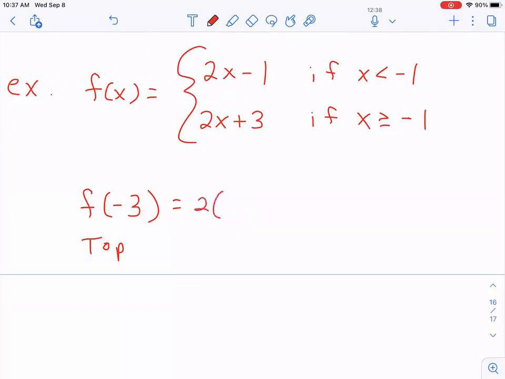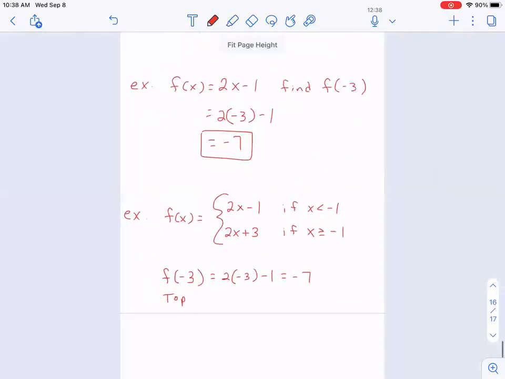So I'm doing 2 times negative 3 minus 1, which comes out to be negative 7. That is, in fact, the exact same problem we just did. All right, so the point is, guys, if you can do this problem on top, and I think you guys can, then you can do the problem on the bottom as long as you know what the notation means. The notation just means, do I plug it into the top or bottom? Well, since negative 3 is less than negative 1, I plug it into the top.